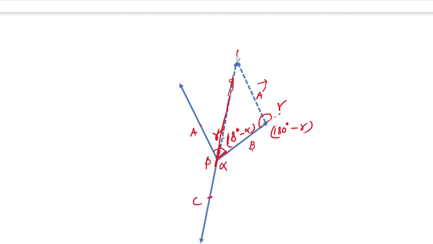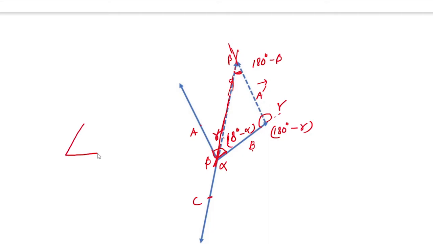Similarly, since this angle is beta, this angle will be beta, and this internal angle will be 180 degrees minus beta. Now we can use sine law. Now what is sine law?